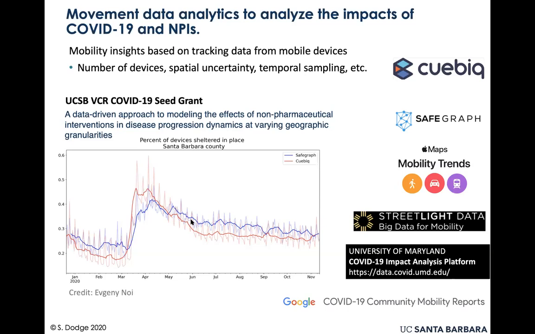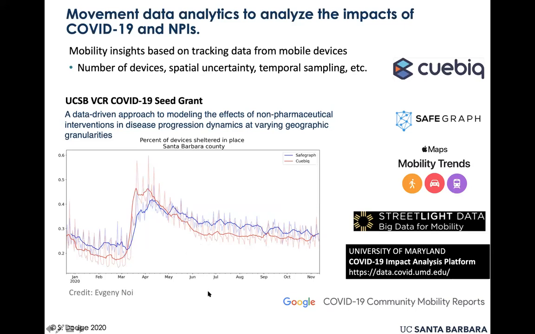For example, just as an example, my student Evgeny created this average percentage of shelter in place in Santa Barbara County using two different data sets, Safegraph and Cubic. And as you can see, there are some differences. Our research basically focuses on looking at these differences also across space and time.